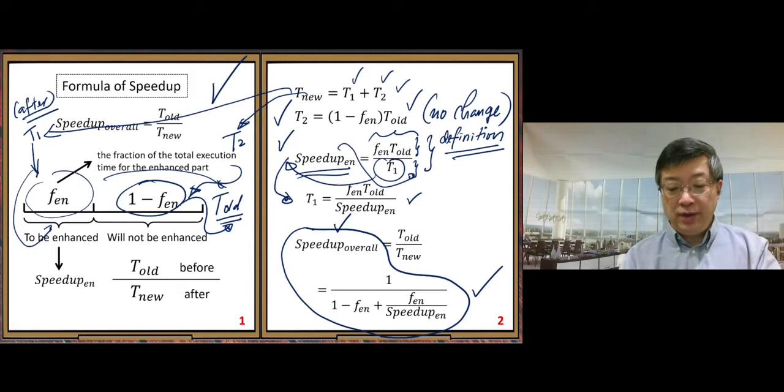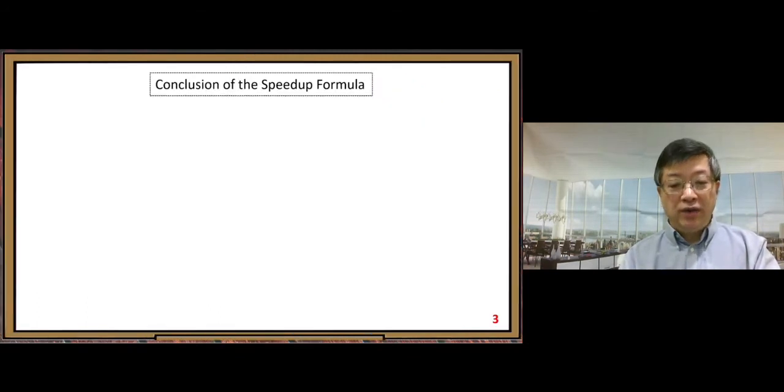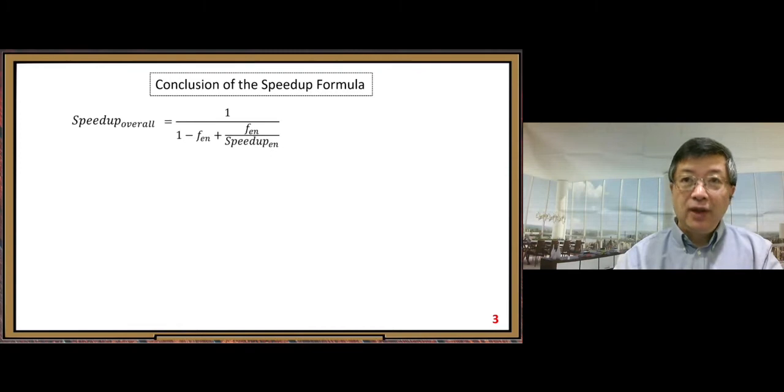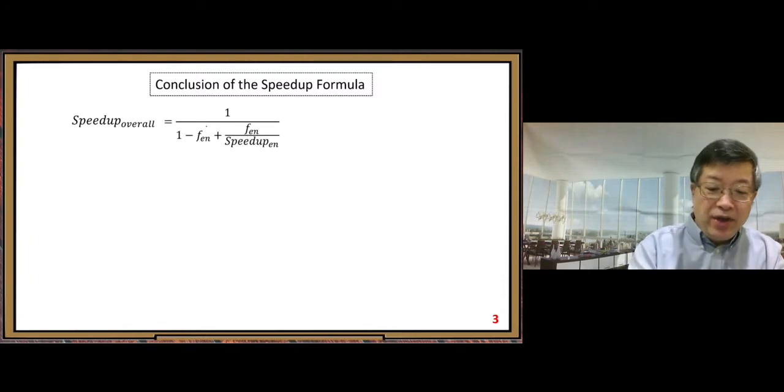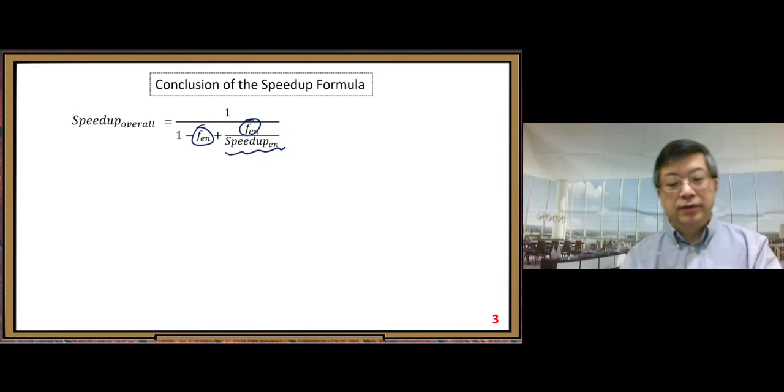Practice this formula. All right, so next, we want to make conclusions from the speedup formula. Let us look at this formula. We need 2 numbers to determine the overall speedup.